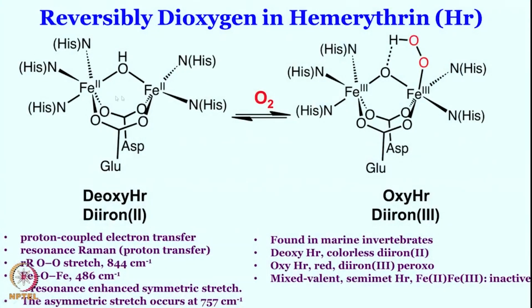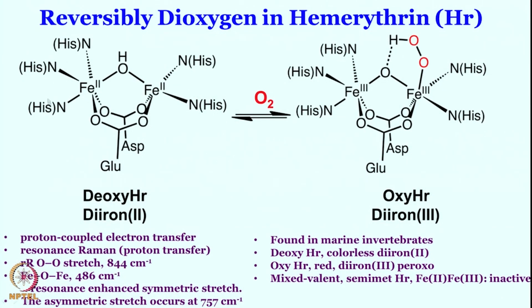So, hemoglobin is found in, let us say, higher species such as us, in all other mammals, in the majority of species. But then there are these marine invertebrates and some other species where you do not have the hemoglobin iron oxygen binding center, and this is where this diiron center will be coming into the picture.